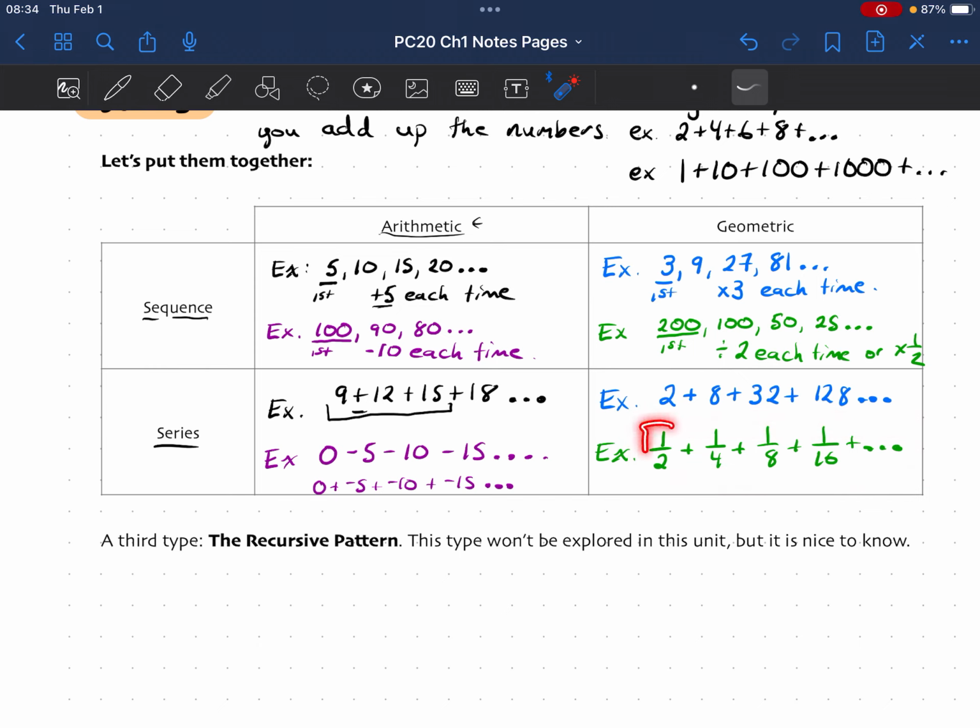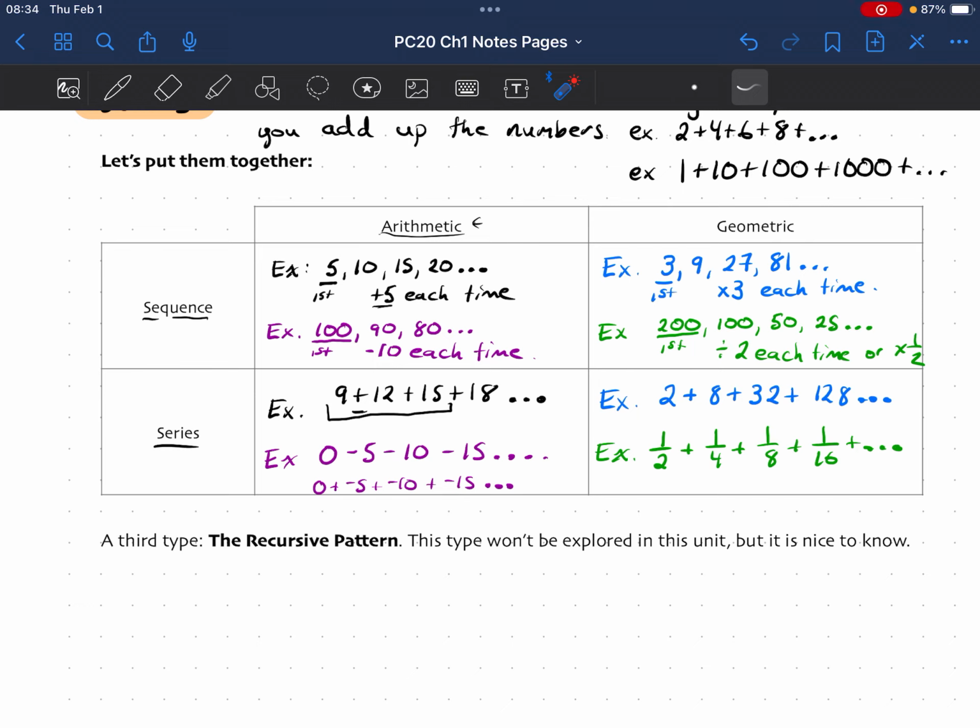You can see how each term, we take 1/2 and we times it by 1/2 to get 1/4. Then we take 1/4 and we times it by 1/2 to get 1/8. Now this one is interesting because it does not equal infinity. This one equals a regular number.